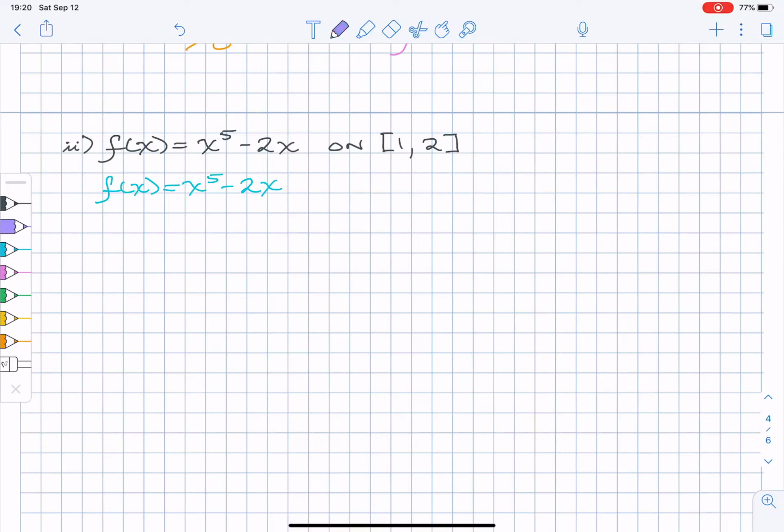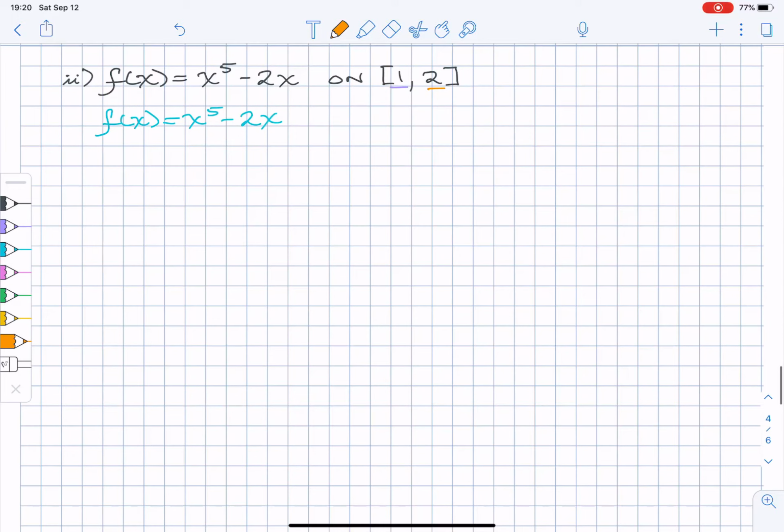So let's call the first variable purple and the second variable orange. So we have that f of purple, which is 1, is going to be 1 to the 5th minus 2 times 1. Okay, so this is going to be 1 minus 2. So that's going to be, of course, -1, which is less than 0.